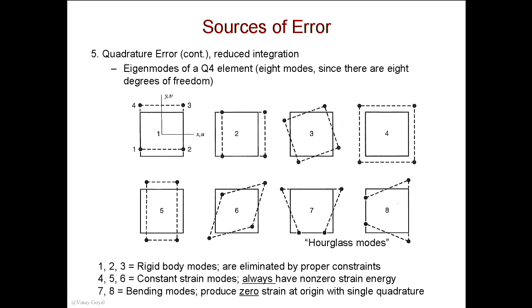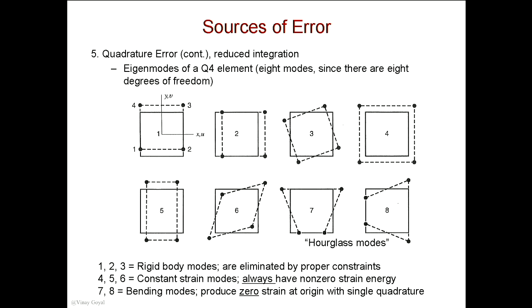But when I'm talking about bending, which is what 7 and 8 are going to come out to be, this is one of the modes you will get. If I'm this point here, tell me, can I sense movement there? No. Can I sense movement here? No. Can I sense movement there? No. Can I sense movement here? No. So you're going to get something called an hourglass.